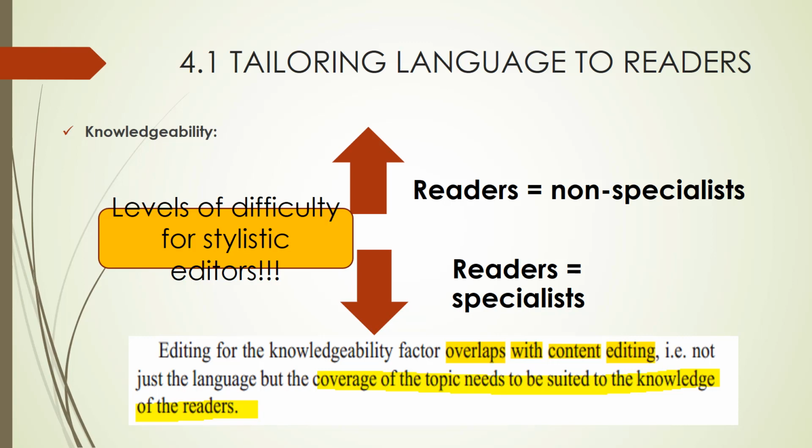You will see that for the non-specialist reader, we face more difficulties in editing, because we may have to add some ideas and explain something to make sure that they can understand the text well, right? But for the specialist reader, normally we don't have to make any changes to a given text, especially a text with jargon. The readers who are specialists can still understand what the text means.